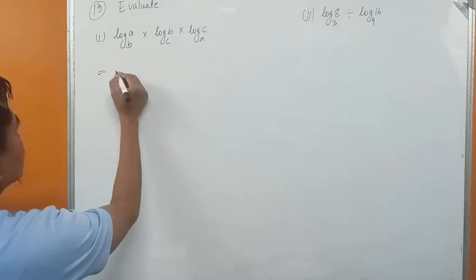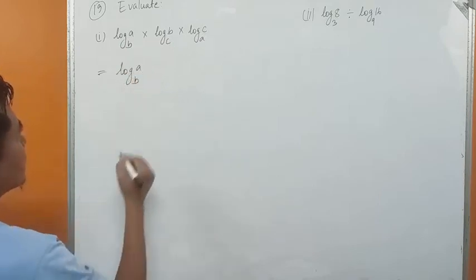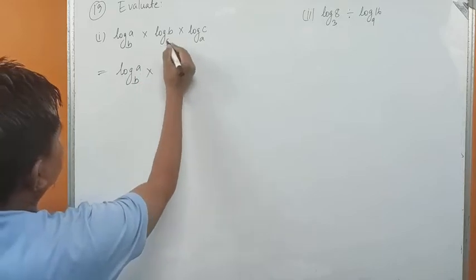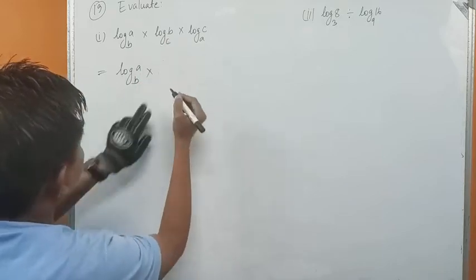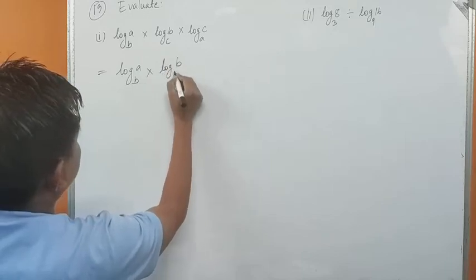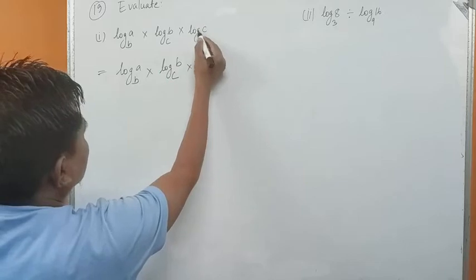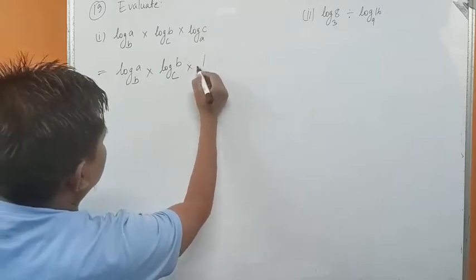Okay, so log a to the base b we copy as it is, into log b to the base c, we copy this also as it is. Now this number, log c to the base a, I take this number to the denominator.